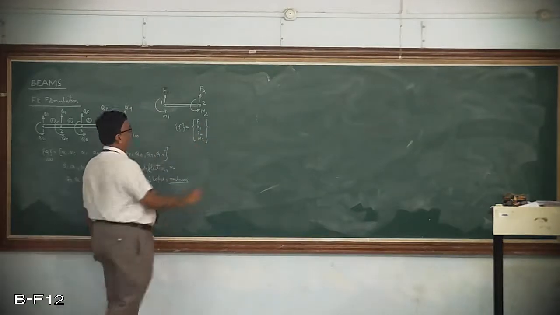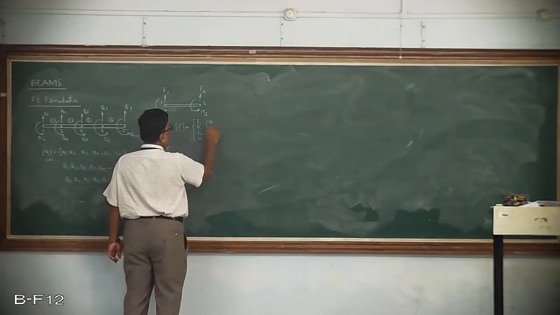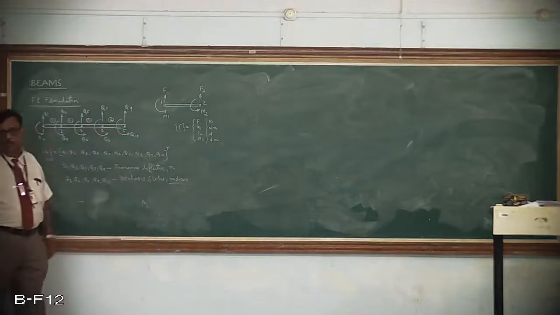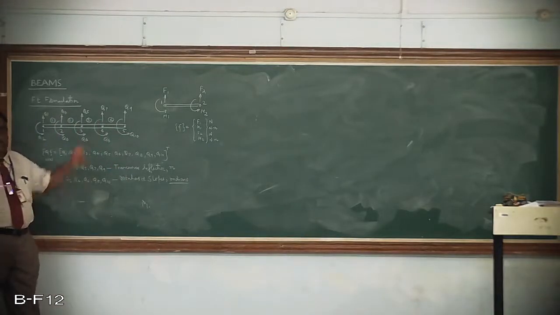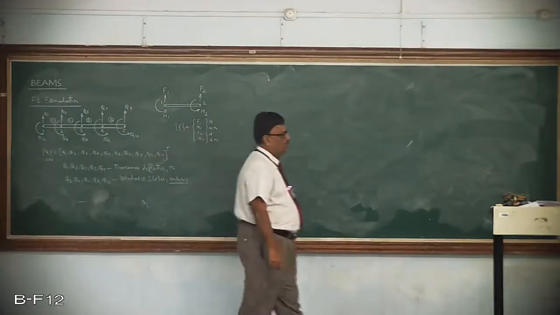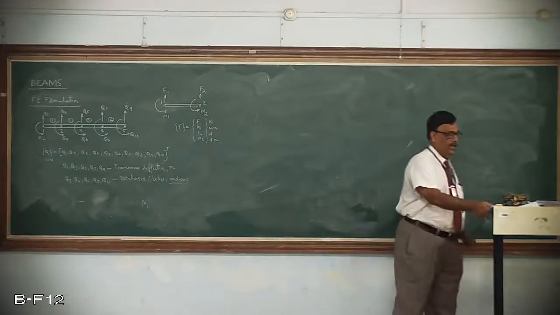And remember, the unit of force is Newton and the unit of moment is Newton meter. So individual values have their own units: first one is Newton, being a force, another is a moment, to be written as Newton meter.